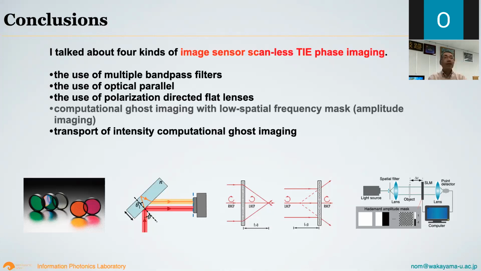This is the conclusion. The use of multiple bandpass filters and so on. These approaches can be useful for phase imaging of dynamic phenomena. Actually, this is suitable for dynamic phenomena.